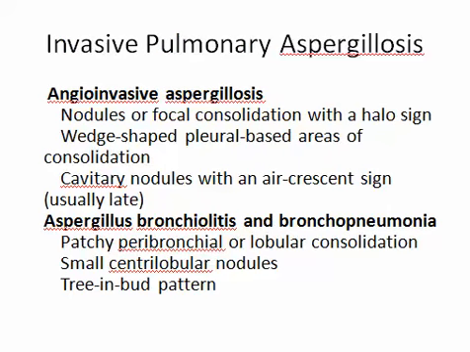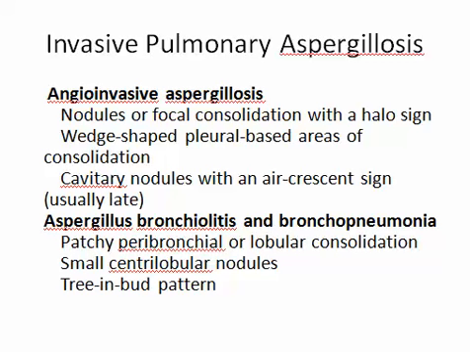Now coming to invasive pulmonary aspergillosis, which usually behaves like TB. So we have the angio-invasive type and the aspergillus bronchiolitis and bronchopneumonia. In the angio-invasive type, we have consolidations with halo zones, wedge-shaped pleural-based areas of consolidation with cavitation.